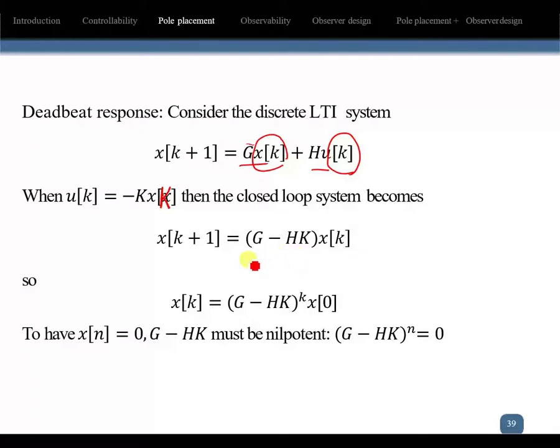And obviously you can find x(k) is (G minus HK) to the power k times x(0).